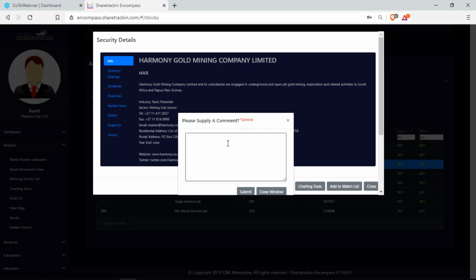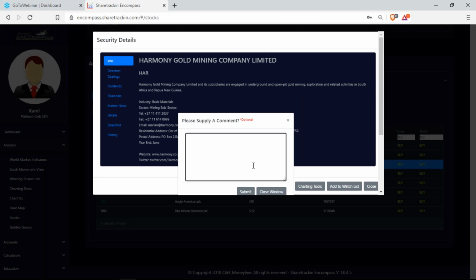In other words, I can, if I want to, add a comment, but I don't have to. So there I can say closely monitor share, or share has a good upwards movement, whatever the reason is why you are putting that share on the watch list.